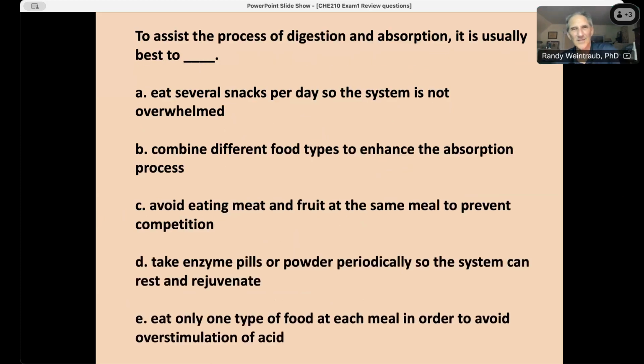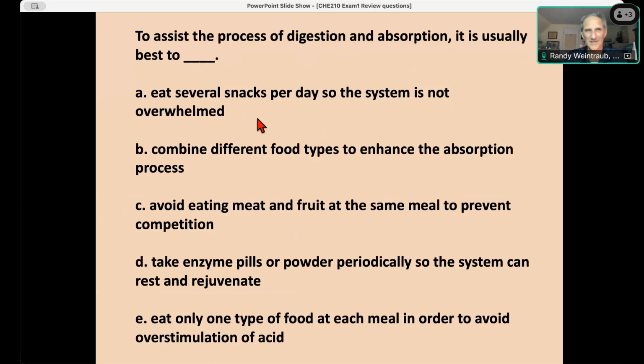To assist the process of digestion and absorption, it's usually best to what? There's a lot of unproven conversation around this. It's even debatable what's the best practice, and whether there is a single best practice, or maybe it's our anatomy or how we condition ourselves.